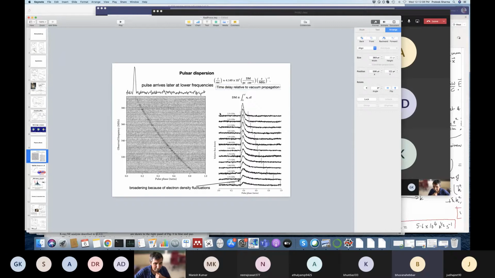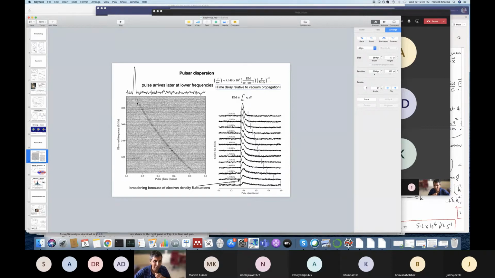By taking the difference between two different frequencies. Right. So basically, if you have these two times, this is T1 minus T2. If T1 and T2 are the arrival times, then T1 minus T2 is this factor times nu1 to the minus 2 minus nu2 to the minus 2, right?